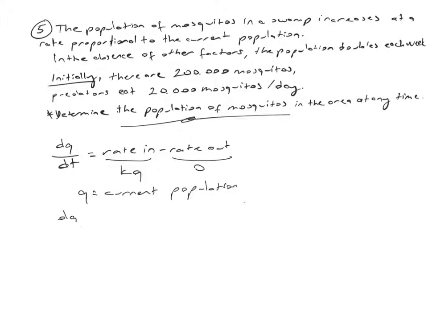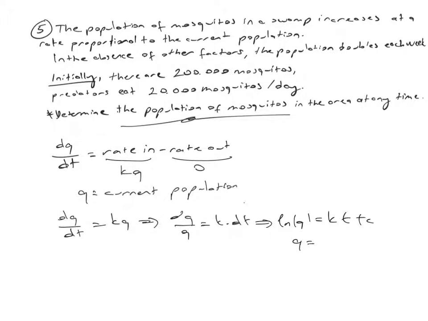So dQ over dt is equal to K times Q, and dQ over Q is equal to K times dt. And integrating both sides, we will get ln Q is equal to K times T plus C. And from here, Q is equal to e to the kt times C.